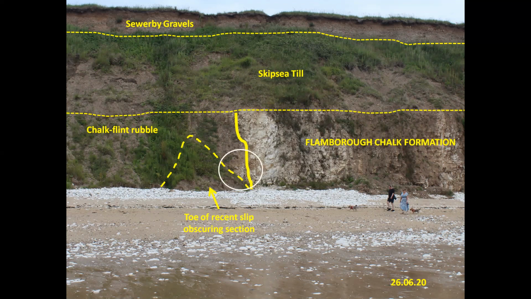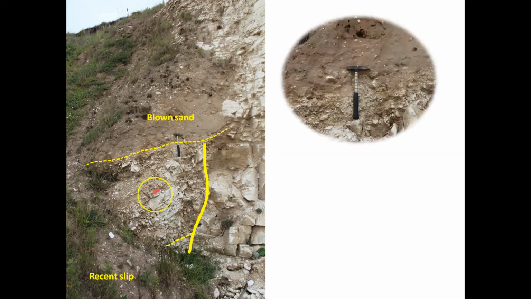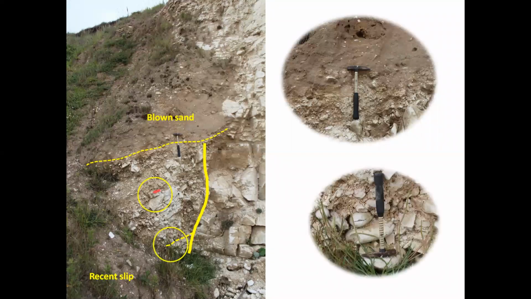A closer inspection of the foot of the ancient cliff shows an Ipswichian deposit of blown sand on top of unsorted chalk rubble, and at the base a beach deposit of well-rounded chalk cobbles and pebbles.